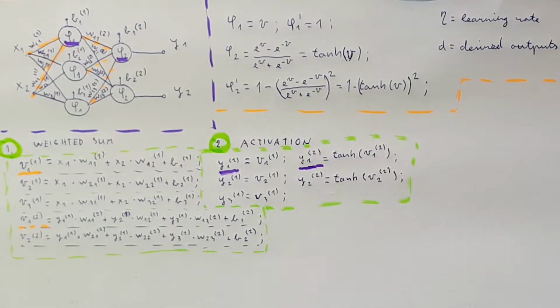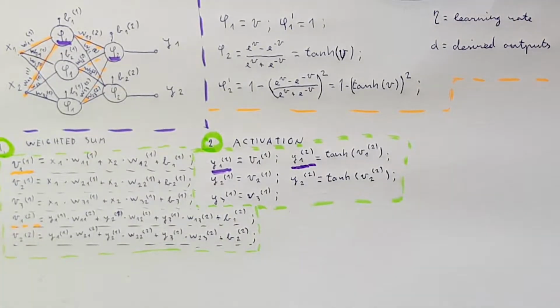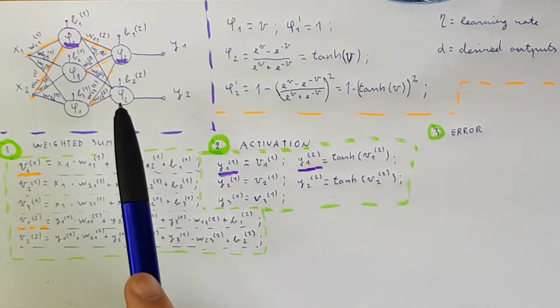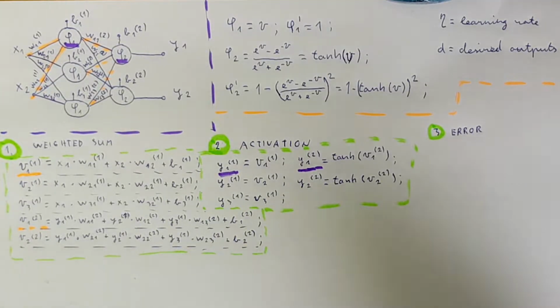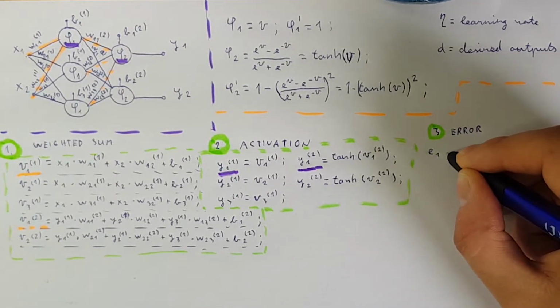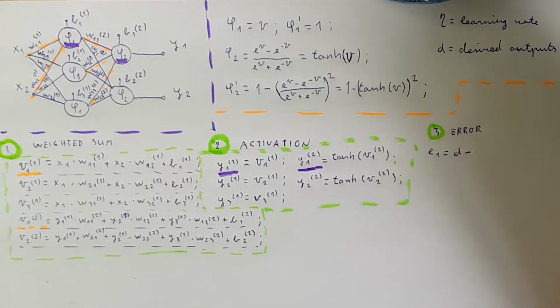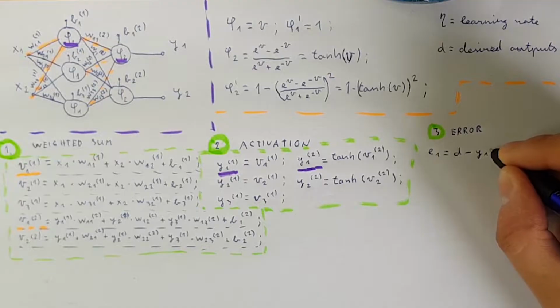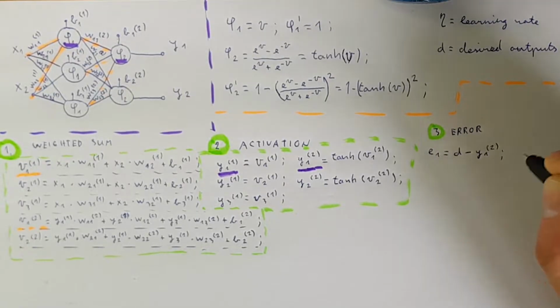The third step is calculating the error. Error calculation is pretty simple. We just subtract the second layer neuron output from our desired outputs. So error 1 is equal to the desired output from which we subtract the second layer first neuron output, Y1 of the second layer.